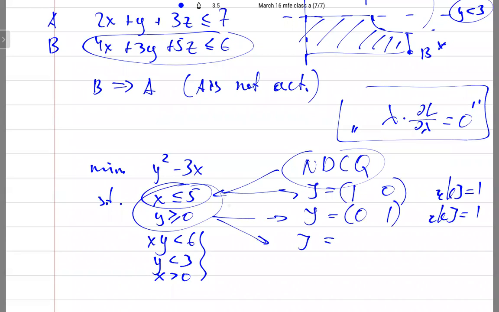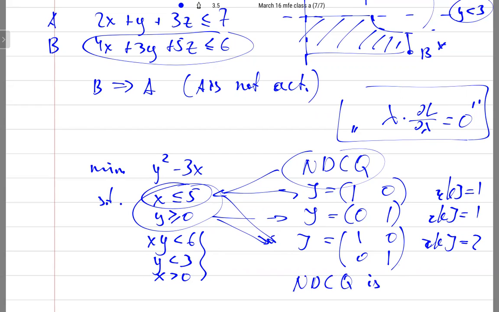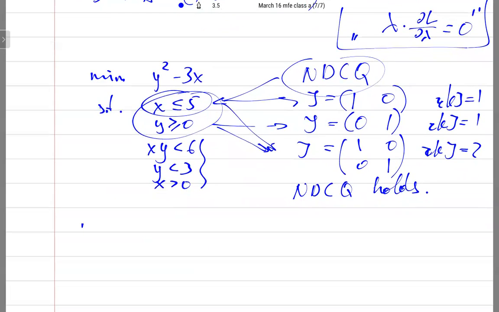If both are active, then I have the identity matrix as the Jacobian matrix. Rank is 2. And DCQ is satisfied. DCQ holds. Then I move on to first order conditions.